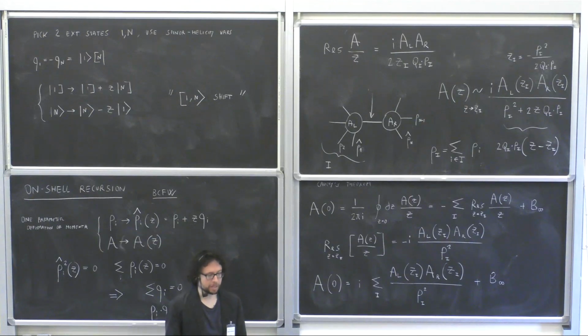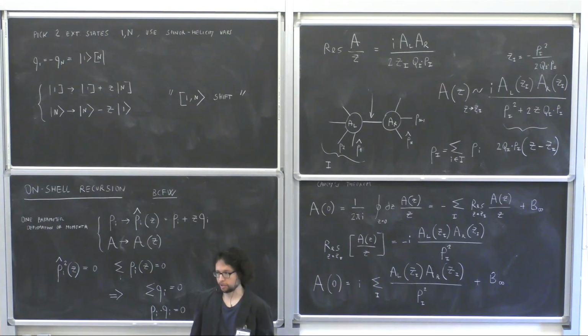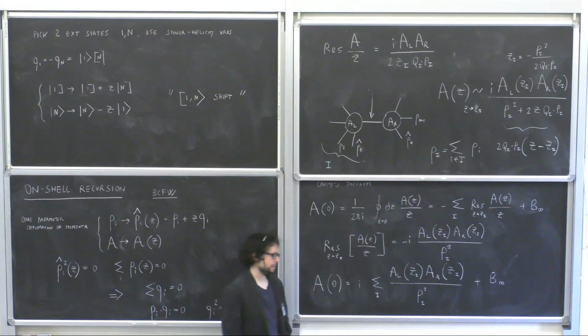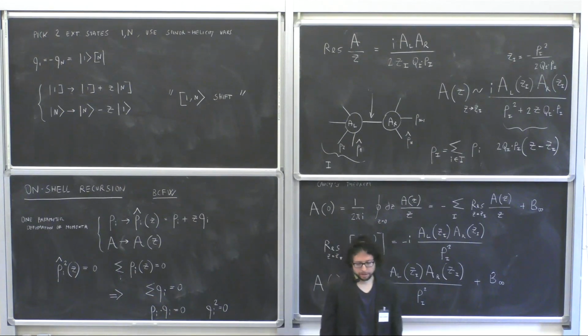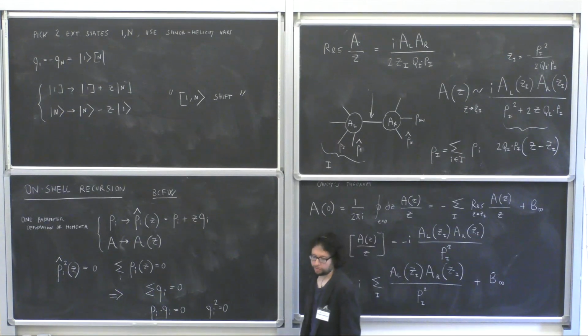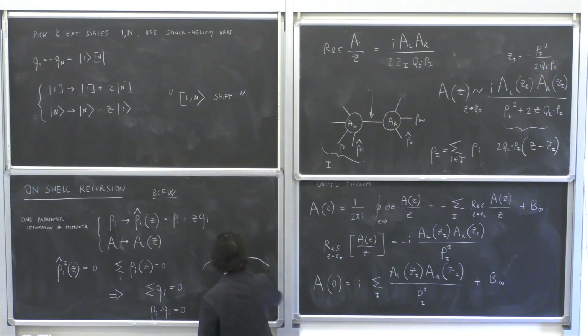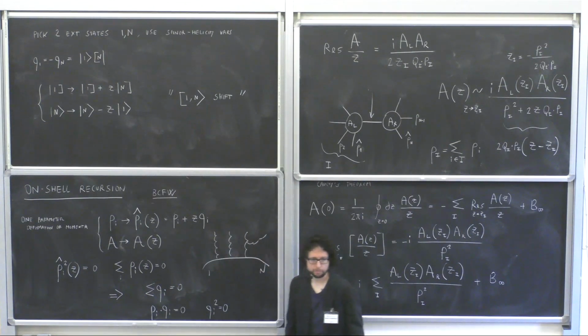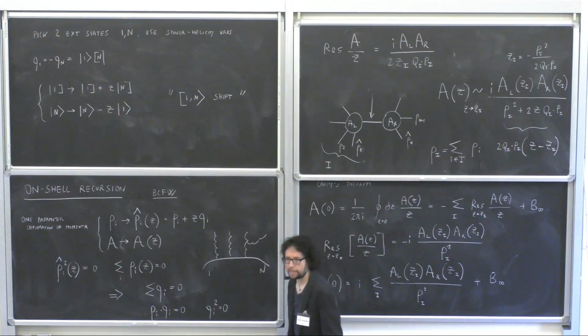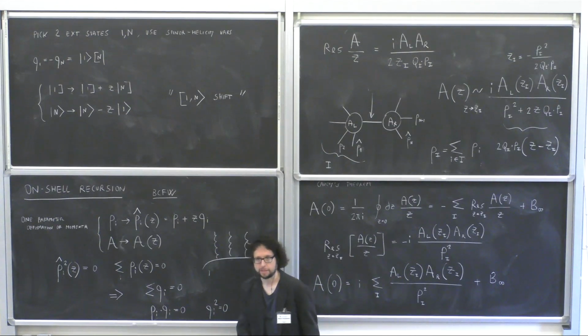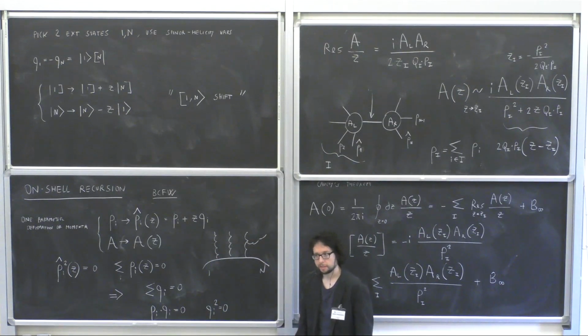And we'll do this using a simplified version of the background field method, in which we consider one particular line as a hard line, the one from 1 to n, and then we have a bunch of soft gluons inserted on that. Then we'll argue that the leading behavior of the amplitude is something like 1 over z.